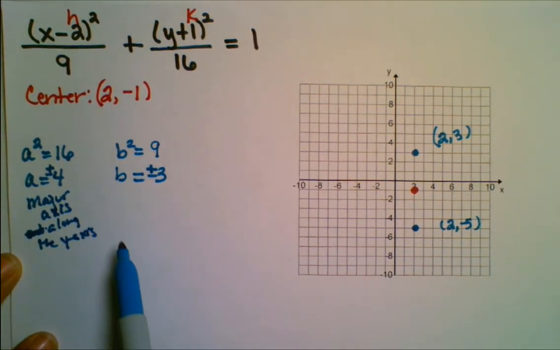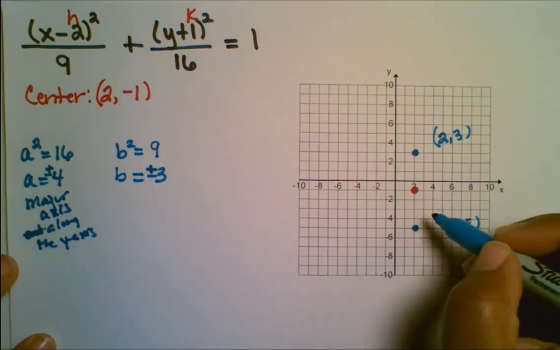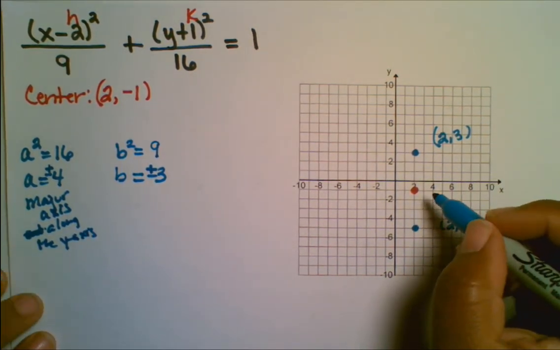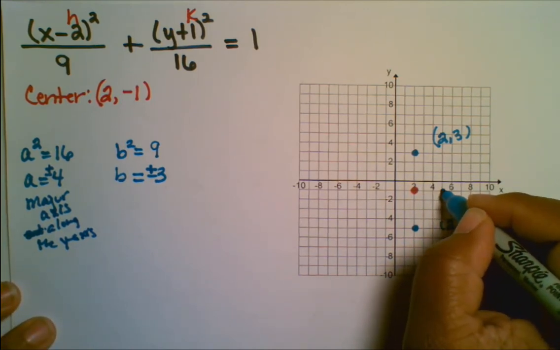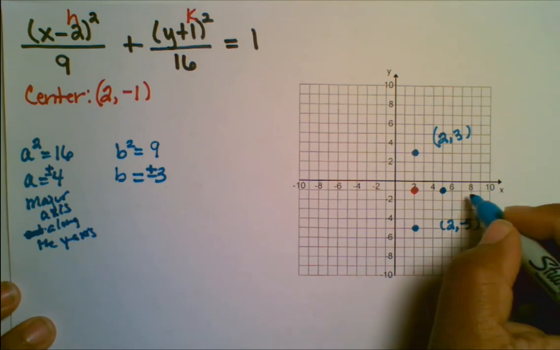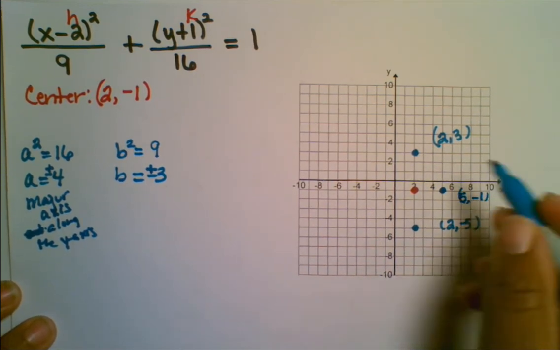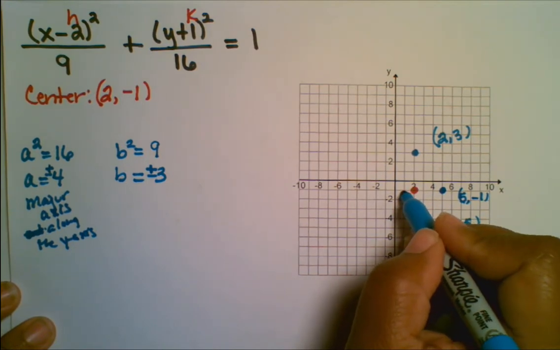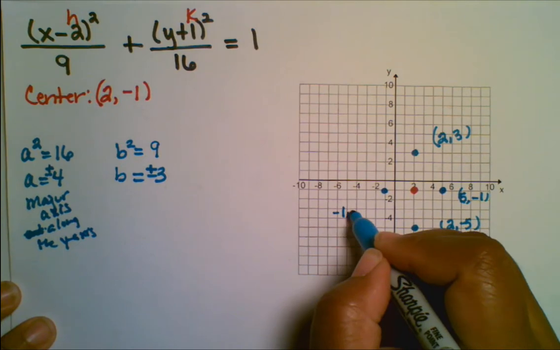Therefore, our minor axis would be the x-axis. So let's go ahead and count 3 units left and right from 2, negative 1. 1, 2, 3. We have here 5, negative 1. And then to the left, 1, 2, 3. We have negative 1, negative 1.